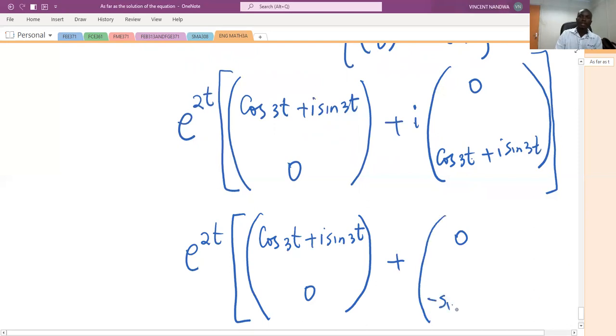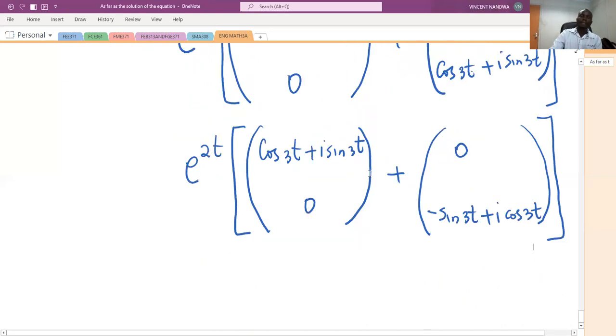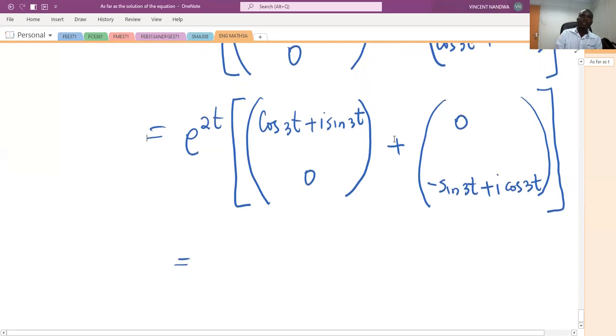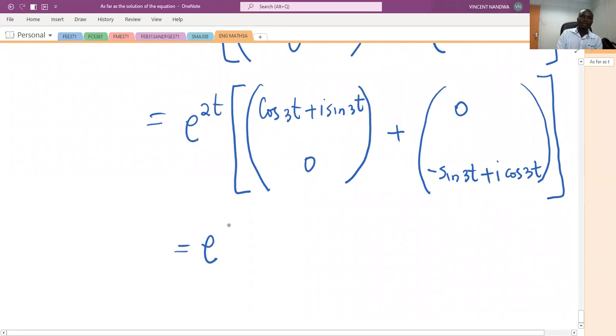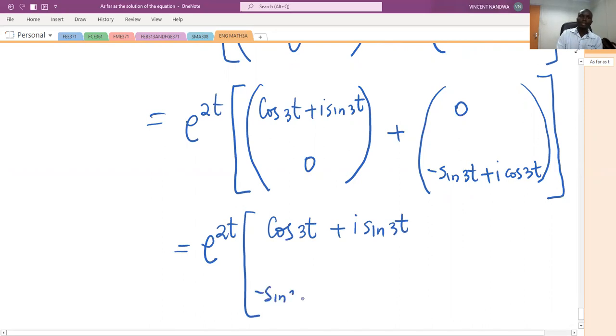So minus sin 3t, then plus i cosine of 3t. Then I close. So now adding these two vectors, I'll have e raised power 2t into now cosine of 3t plus i sin 3t, 0 plus this will give me minus sin 3t plus i cosine of 3t.